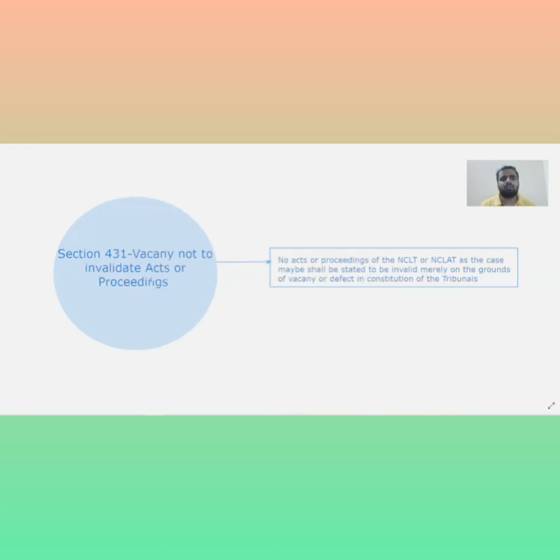Section 431, vacancy not to invalidate acts or proceedings. Now, this is simply telling that in cases where there is a vacancy or a defect in the constitution of the NCLT or the NCLAT, that doesn't mean the proceedings will become invalid.